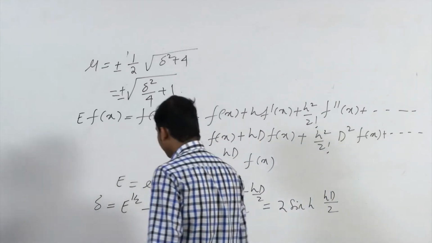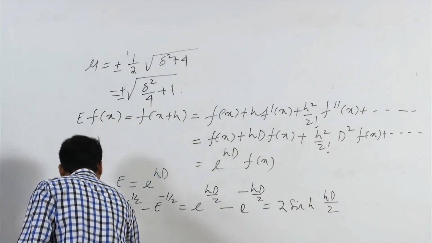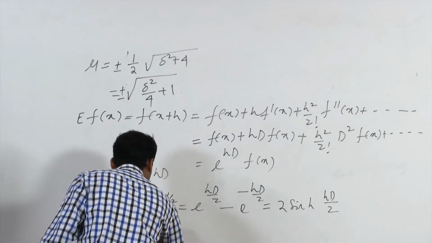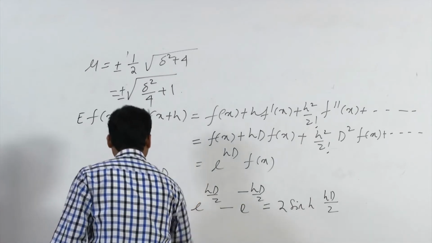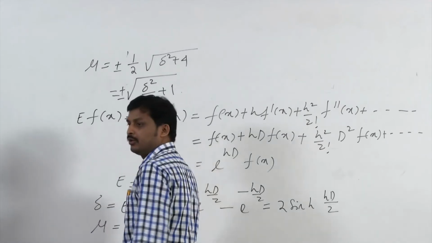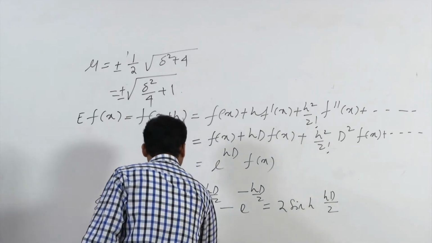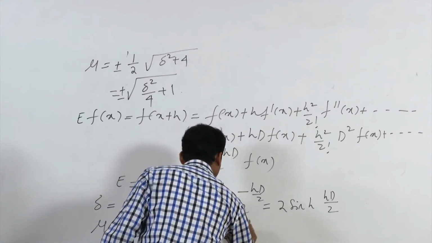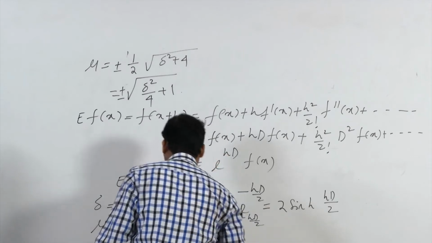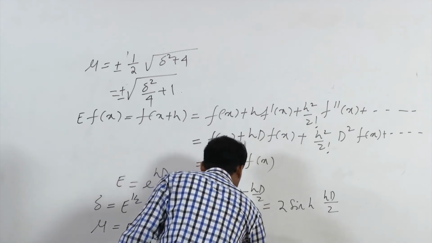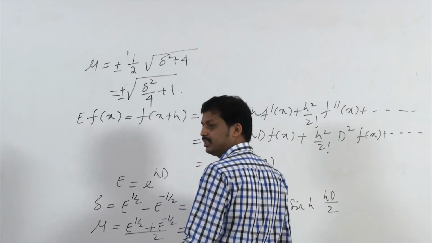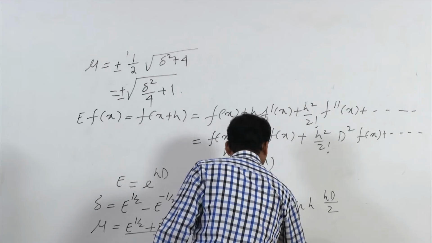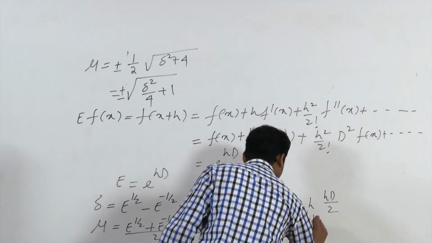Similarly, the average operator mu can be written as E to the power half plus E to the power minus half, divided by 2, which is e to the power h D by 2 plus e to the power minus h D by 2, divided by 2, and this is cosh of h D by 2.